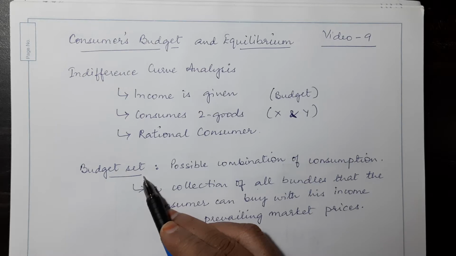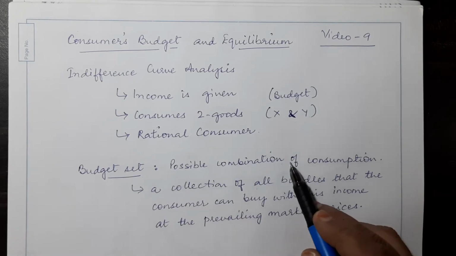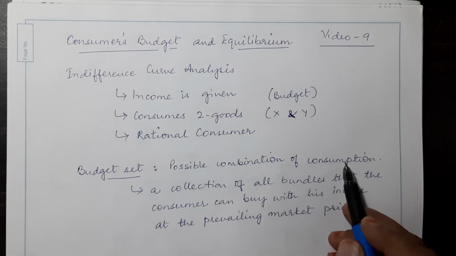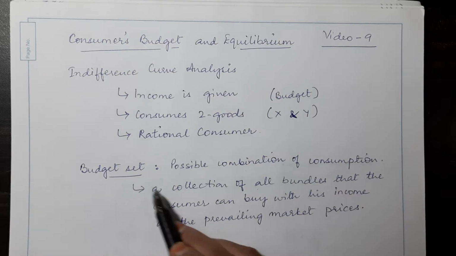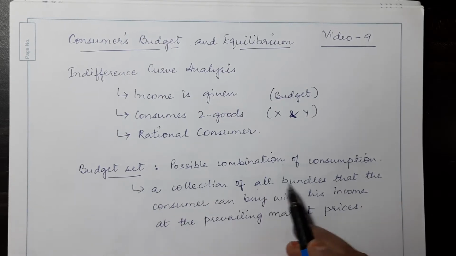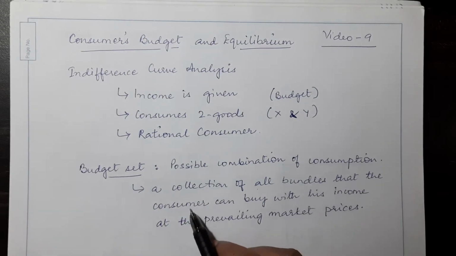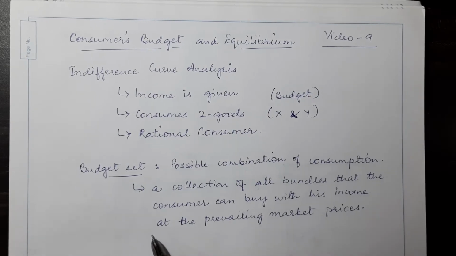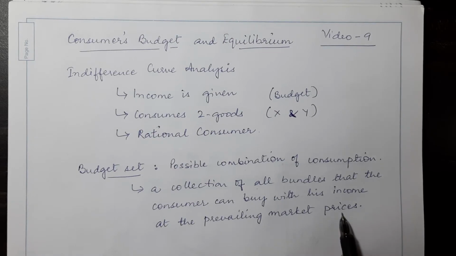So, a budget set gives us all possible combinations of consumption of goods X and Y. We can define a budget set as a collection of all bundles that the consumer can buy with his income at the prevailing market prices.